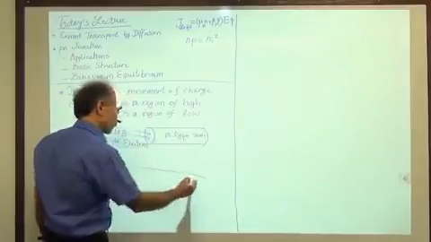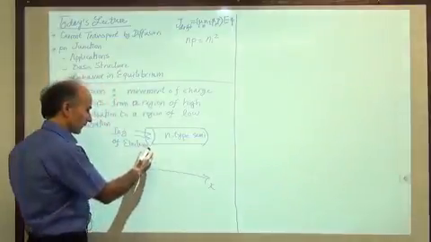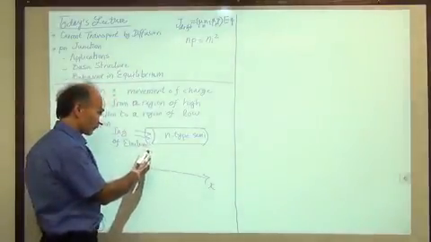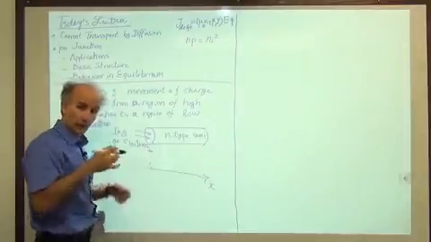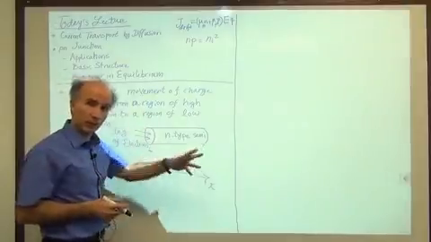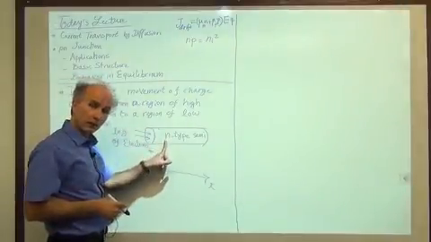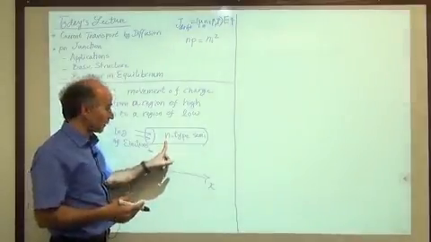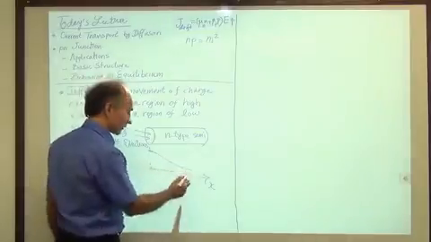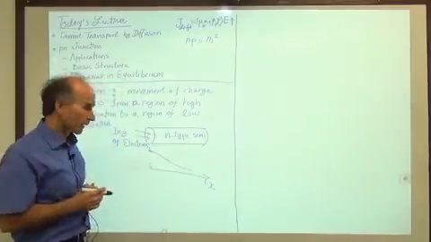If we plot as a function of distance, starting from here, at this point we have a high concentration of electrons because we're injecting lots of electrons. But the electrons don't want to stay here. They diffuse away. So if we go over here and measure the concentration of electrons, it will be lower. If we go here, it will be lower, and so on. So it goes down. We don't know exactly in what form it goes down, but it goes down.